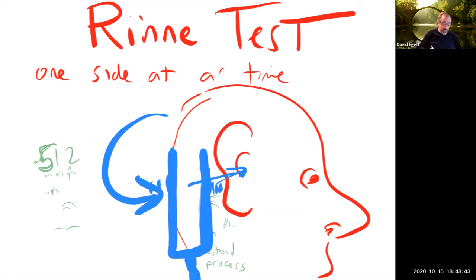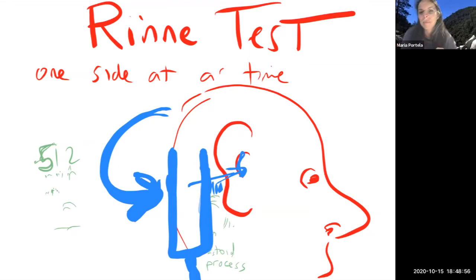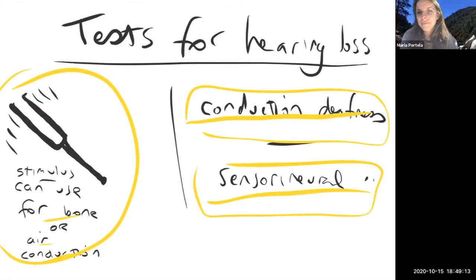What would it mean if they could hear it when it was on their skull, but now when I moved it to their ear here, they can't hear it anymore? A problem in the middle ear. Yeah, middle ear, or more generally, conduction deafness.